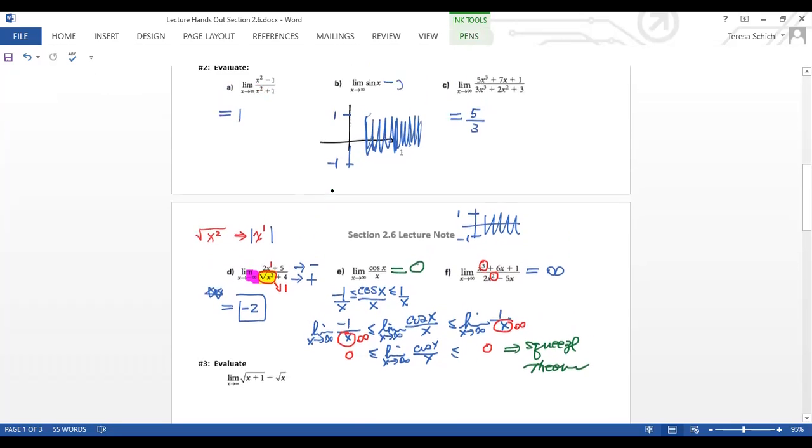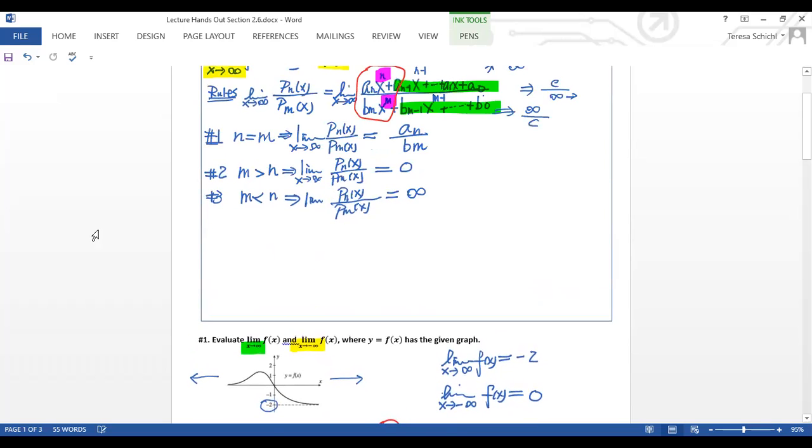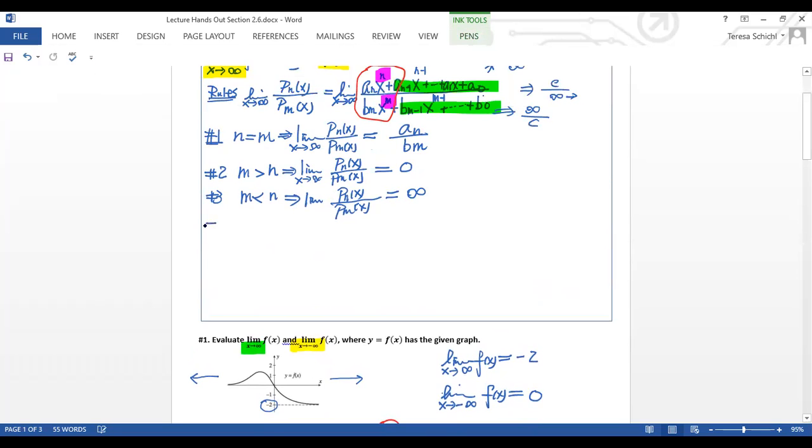So now let's go back to here. We said, hey, let's take a look at the polynomial. Then rule number 1 here: we take a look, by applying the squeeze theorem, to see if the squeeze theorem will help us if for some reason I don't have a polynomial over polynomial here, okay?